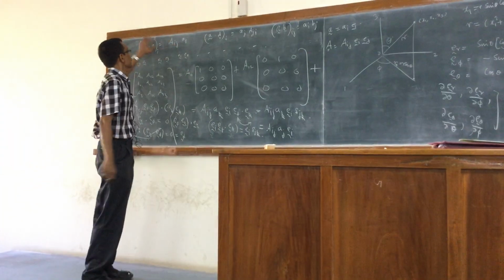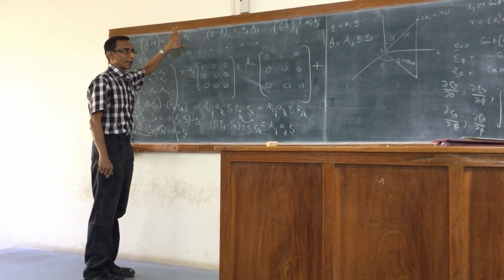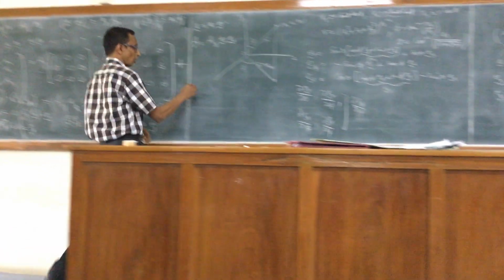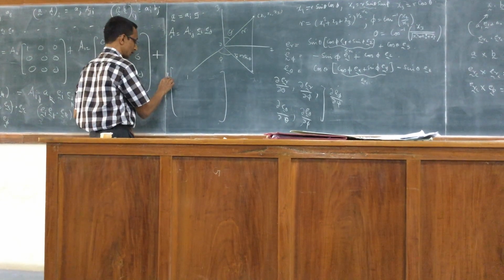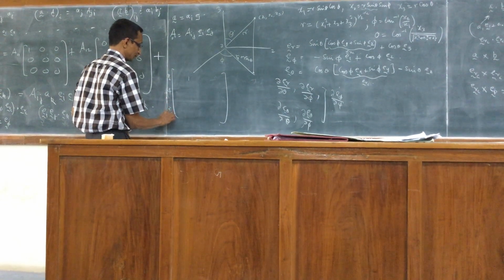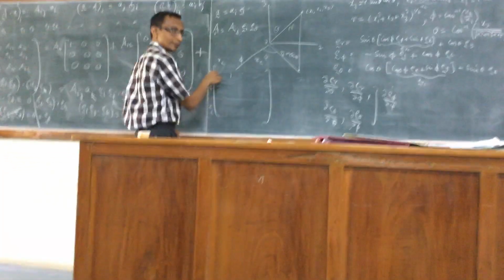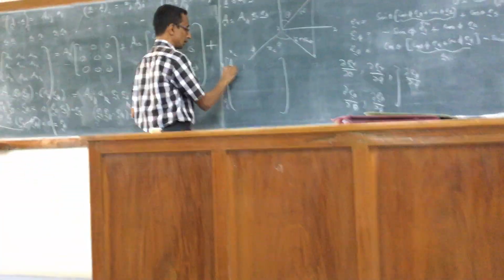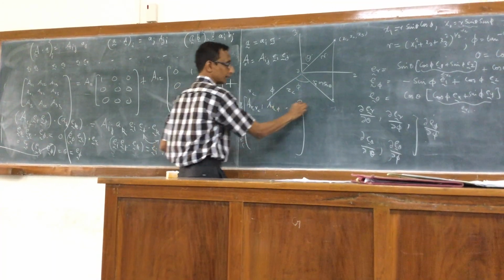So all these operations also work in the same way. Now a tensor would have the following form. If you want to express a tensor in terms of r, phi, z, I will simply write r, phi, z. So this first element would be A_rr, this would be A_r phi, and so on.